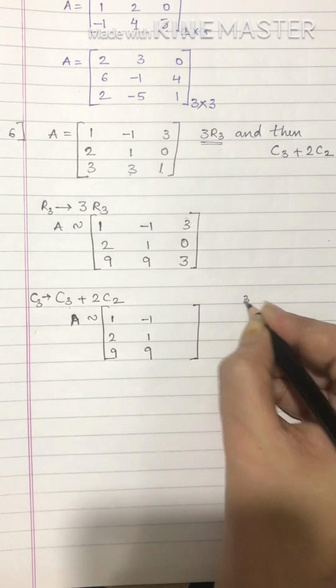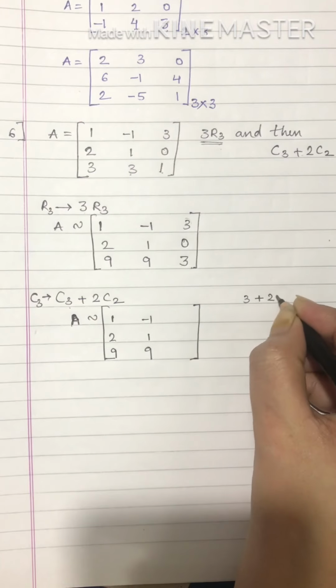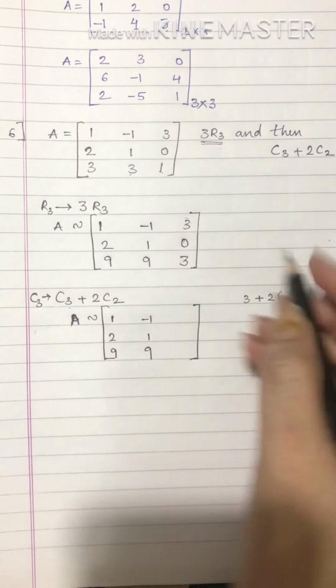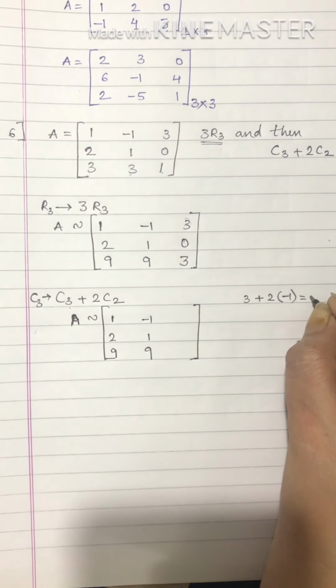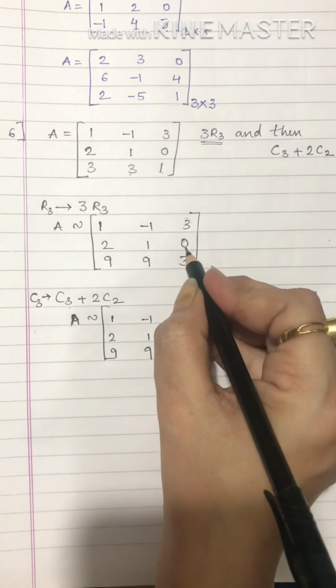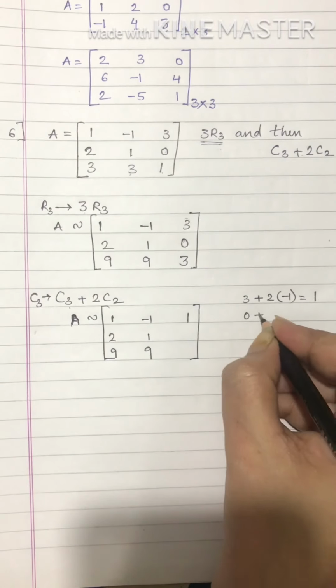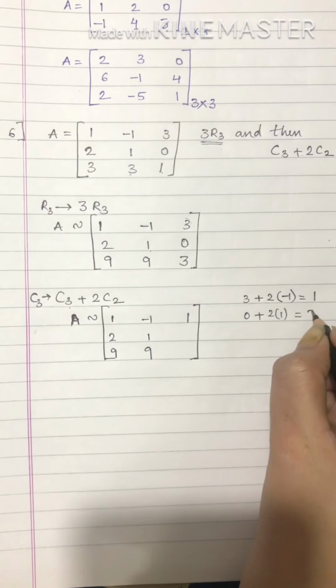3. I'll do the working sidewise. Here 2 into C2, that is minus 1. So what do you get? 3 minus 2, that is 1. And then we have here 0 plus 2 into C2, that is 1, 2 into 1, so that gives us 2.